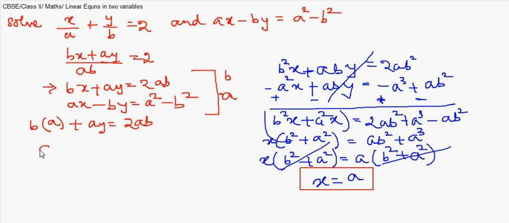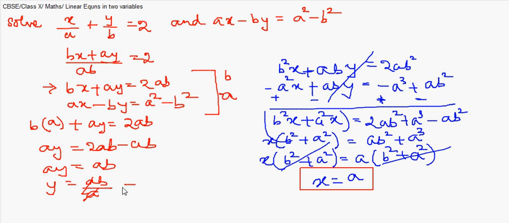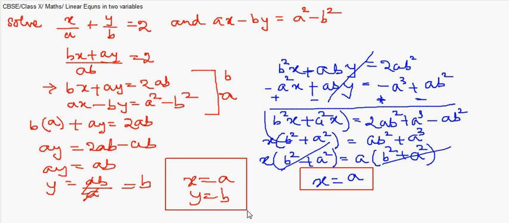So ay is equal to 2ab minus ab, that moves on to the other side. Thereby ay is equal to ab, y is equal to ab by a, that's giving us b. So we got our solution x as a and y as b for the two given pair of linear equations.